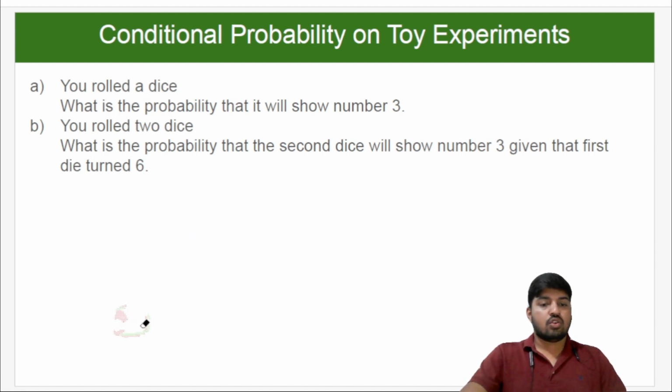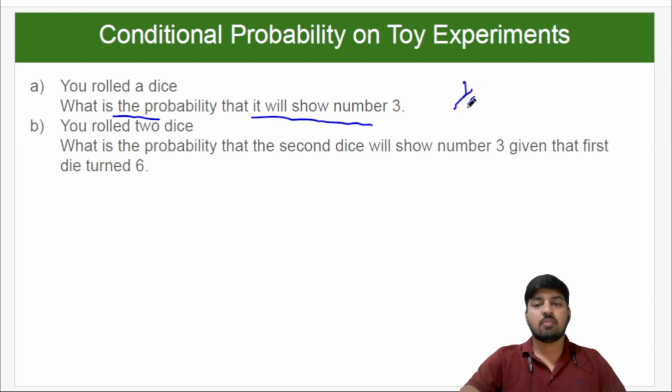Okay, so now we have a question: you have rolled a die. These are toy experiments we are going to solve. What is the probability that it will show number 3? We have seen that it is 1 by 6.